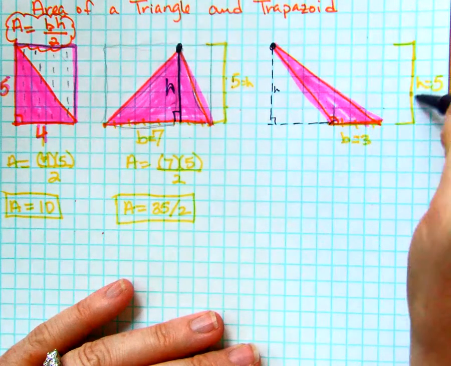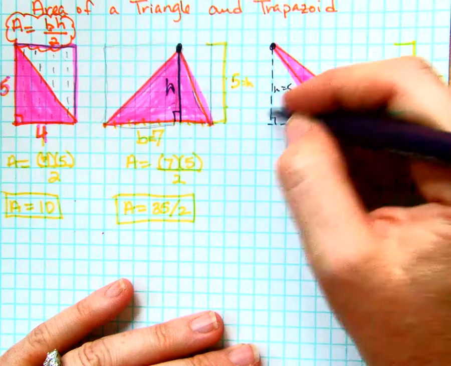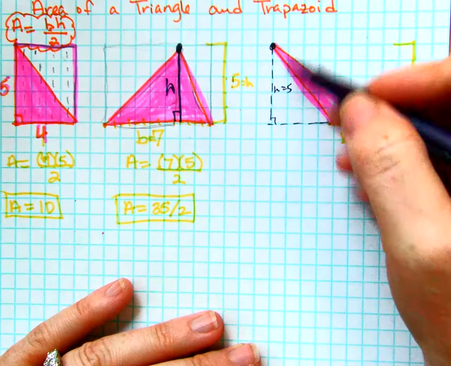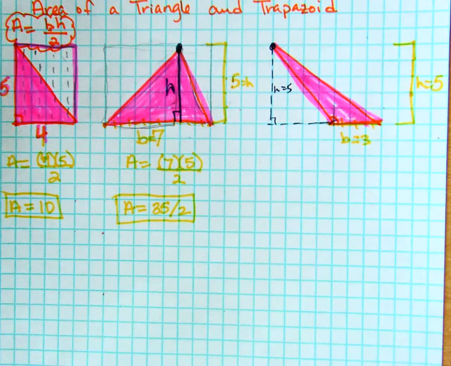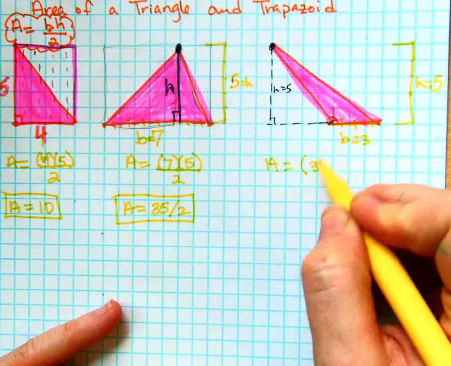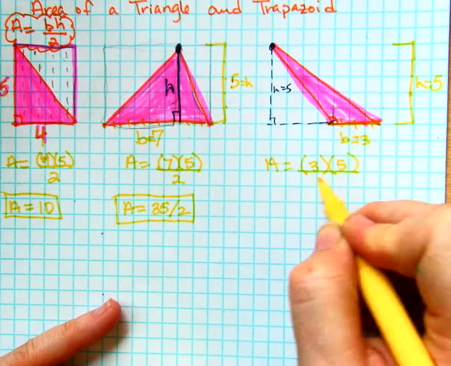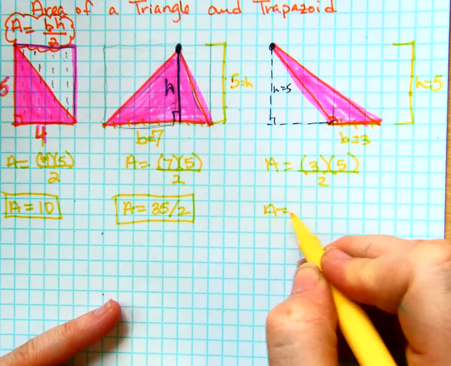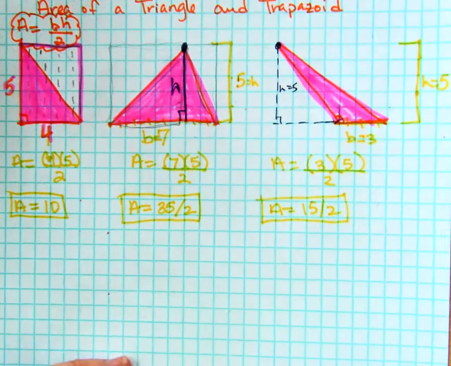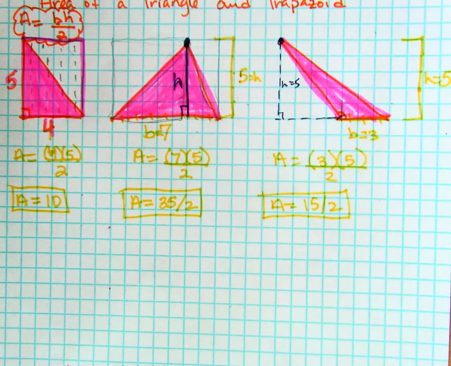But really, the height is going to be 5. Whether you see it over here or over here, you can ignore that except you need that height in order to find the area. So your area is going to be base times height divided by 2, which is 15 halves. Leave it as a fraction unless you have to go to decimal.